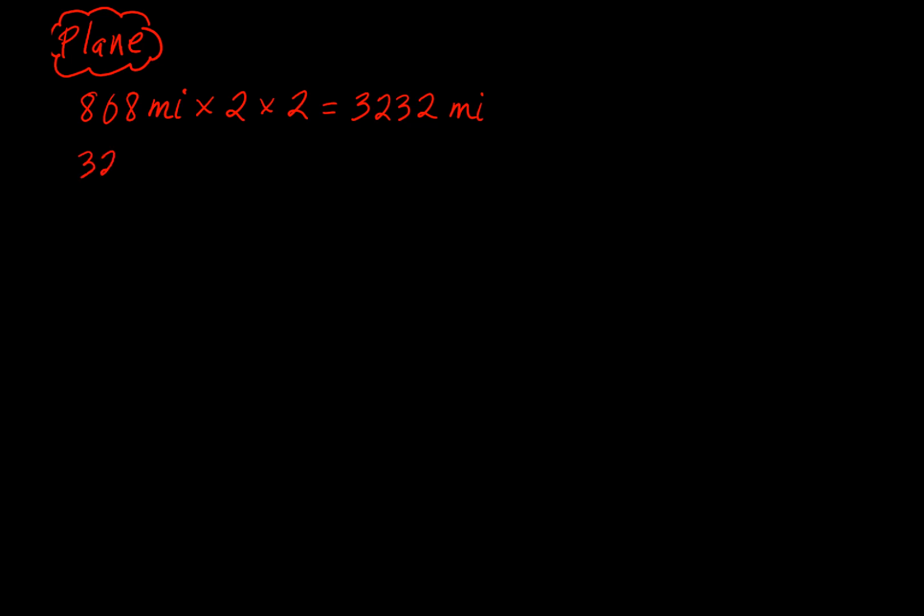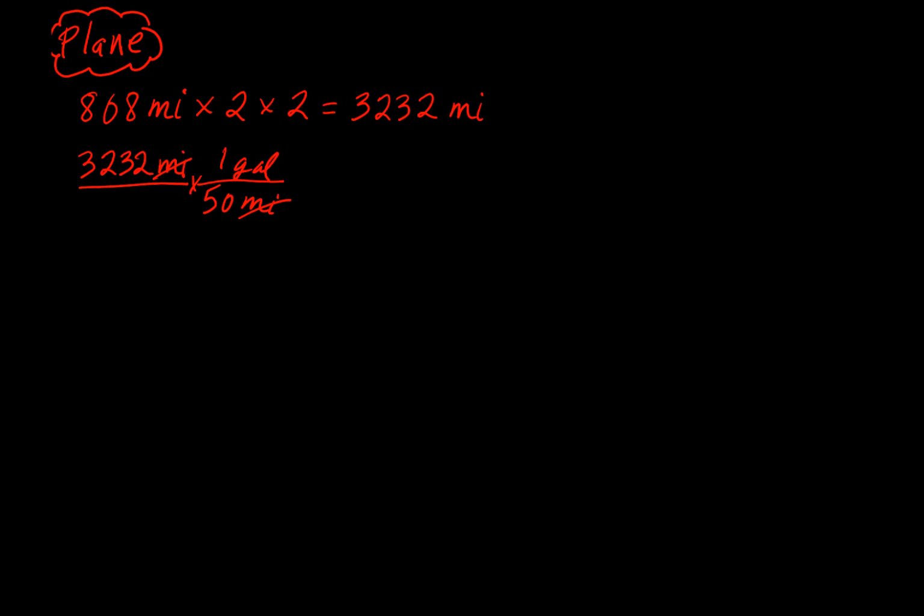I'm going to start with the 3,232 miles, and I'm going to use the gas mileage of the plane, which you're given as 50 miles per gallon. Miles cancel. Now you know the number of gallons. This is a similar process to what you did for the bus, except you're using slightly different numbers.